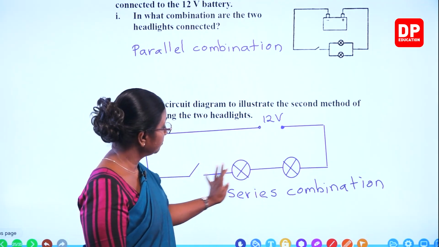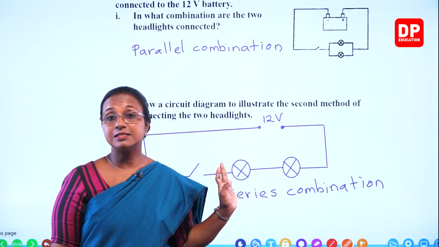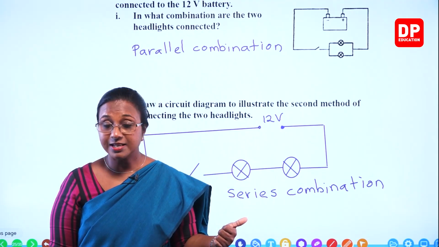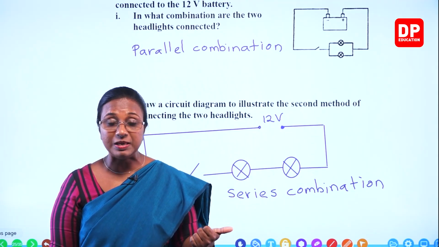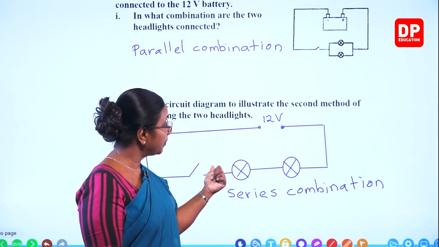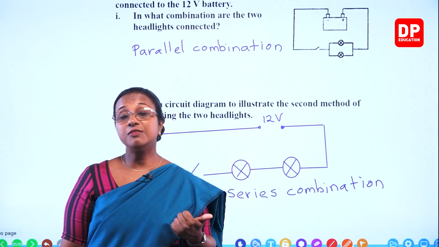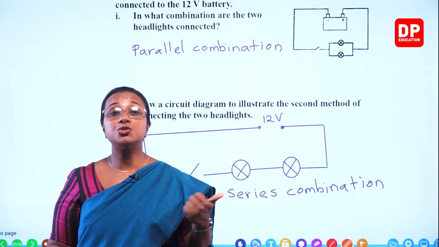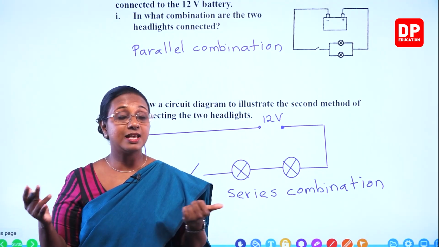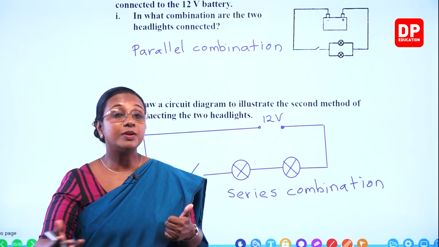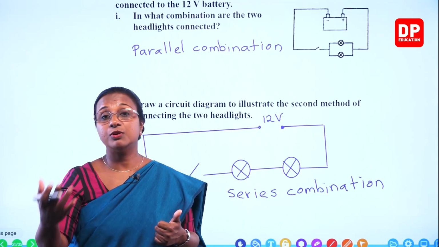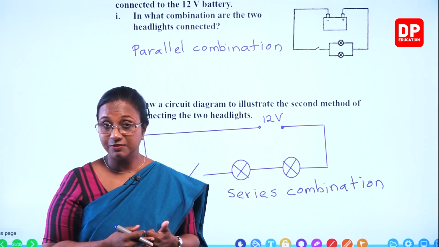One reason, when they are connected in a series combination, the resistance gets added up, therefore the current flow will be less. So you need to provide a higher potential difference for the brightness to be there, because car headlights have to be very bright. So you need to provide high current. To do that, you need to provide a high potential difference.